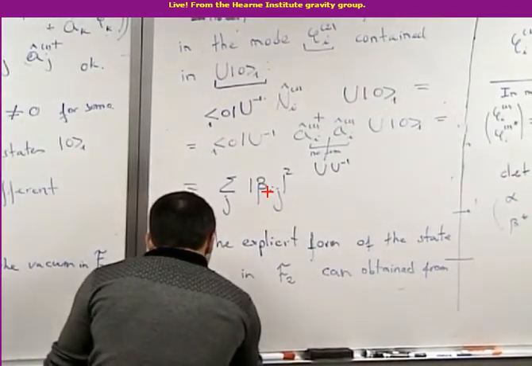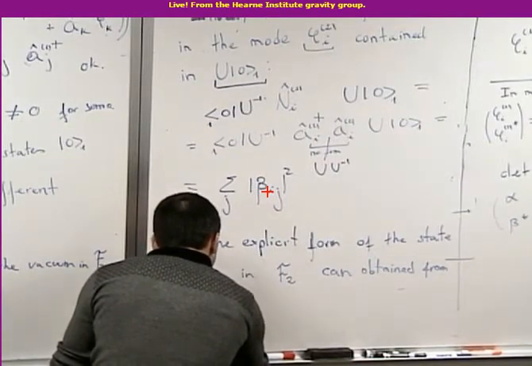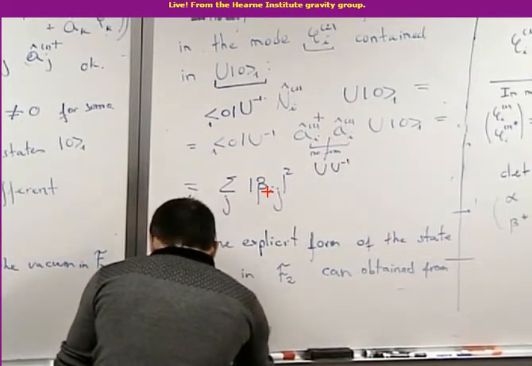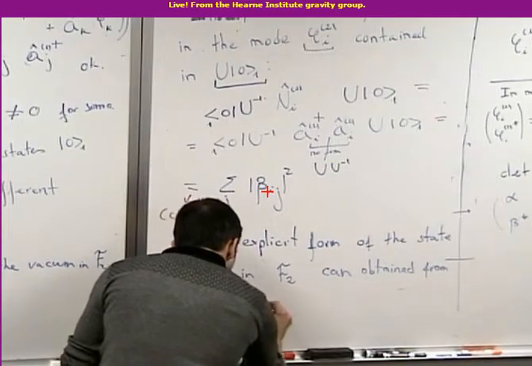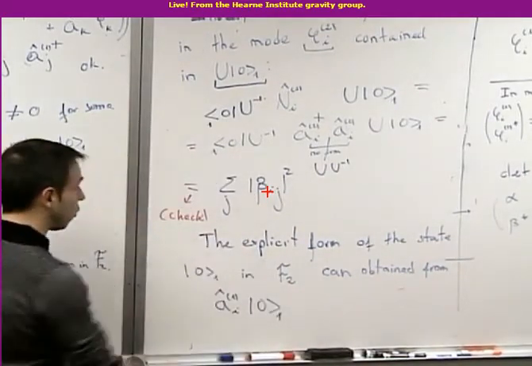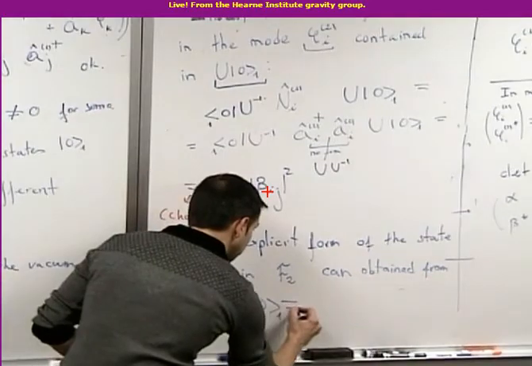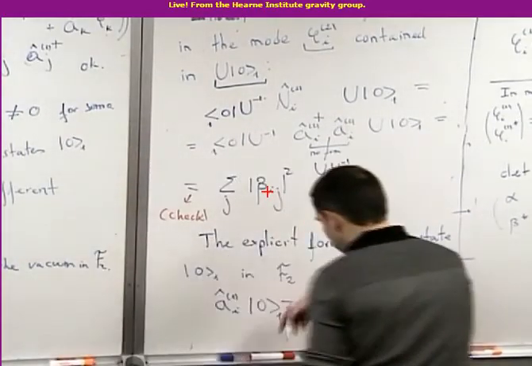So you start by applying the annihilation operator 1 on the vacuum 1. This is 0, by definition of vacuum 1.